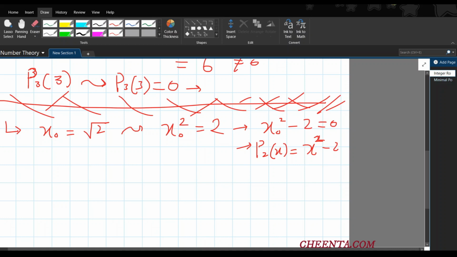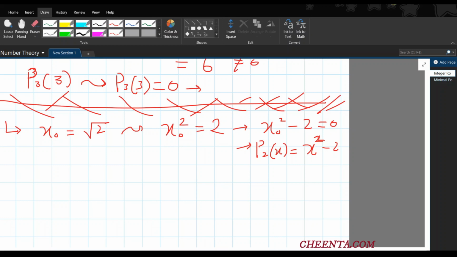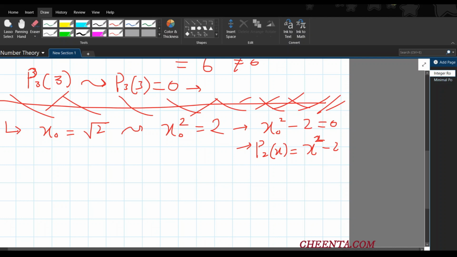Now, this polynomial has the structure of the integer root theorem, where a_2 equals a_1 equals 1 and a_0 is not equal to 0. Here my a_0 is equal to 2. That means that if this polynomial has some integer solutions, then those solutions must be members of this particular set.